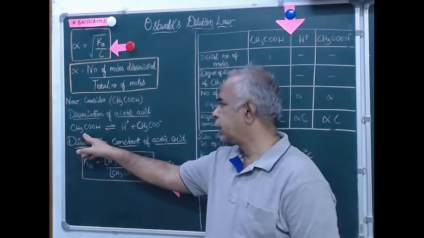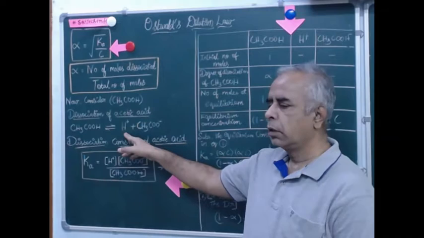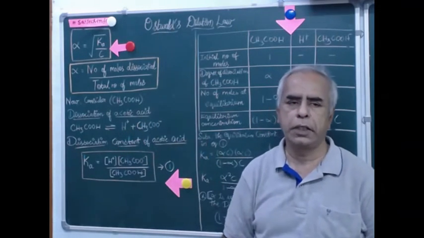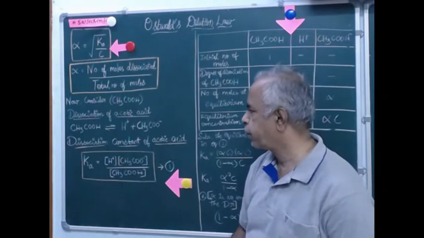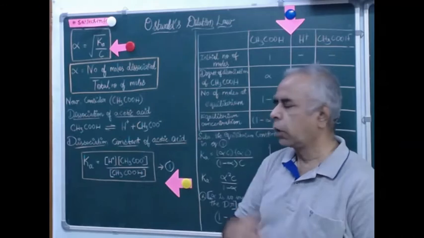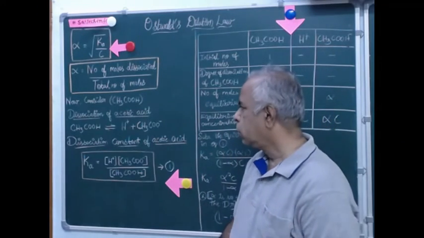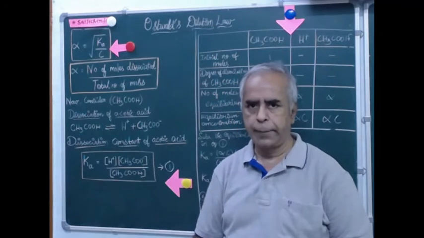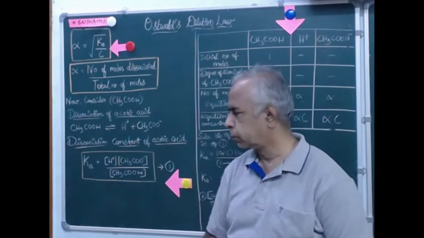So being a weak acid, it is dissociated to H plus and the acetate anion, CH3COO minus. Now the dissociation constant from the law of mass action can be worked out. That is the dissociation constant Ka of a weak acid.